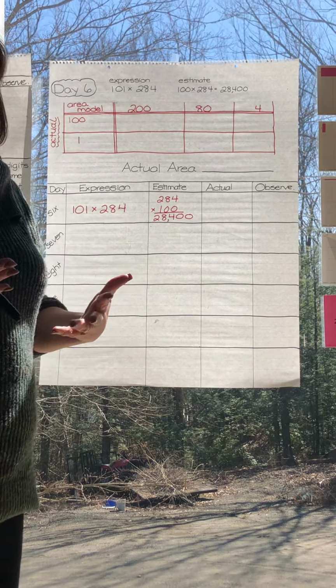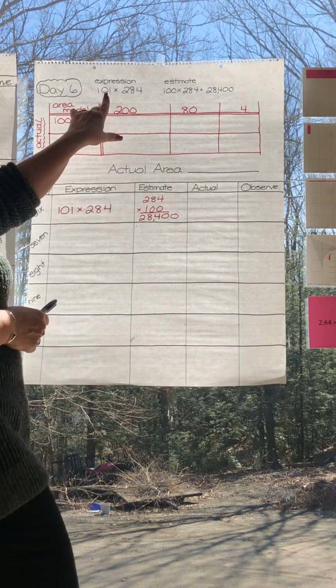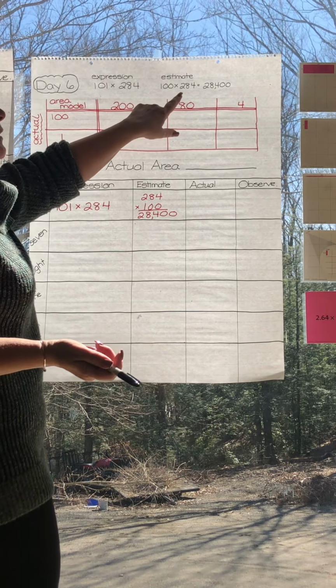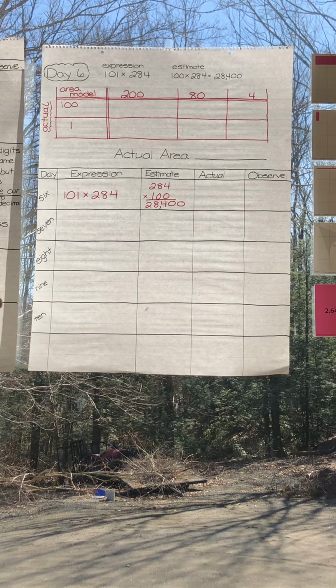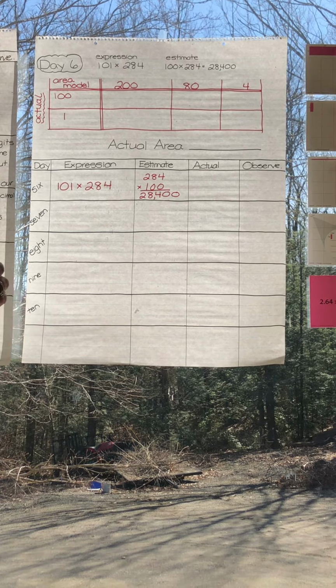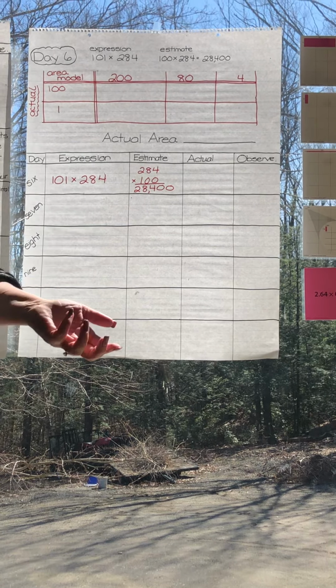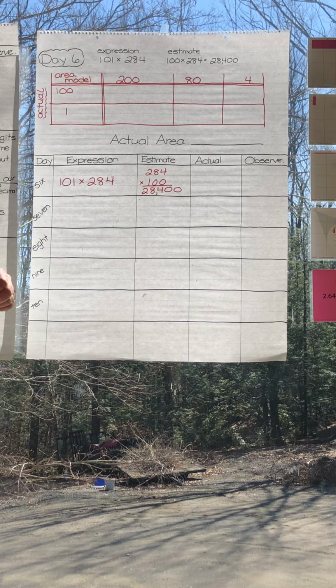We discussed it in class, if you remember, and we decided that the easiest estimate would be to change this to 100. Anything times 100 goes up 2 place values, and so we got, for our estimate, 28,400. Now, lots of you found the actual answer many different ways.